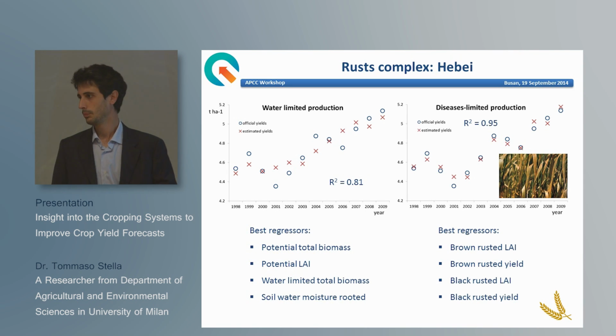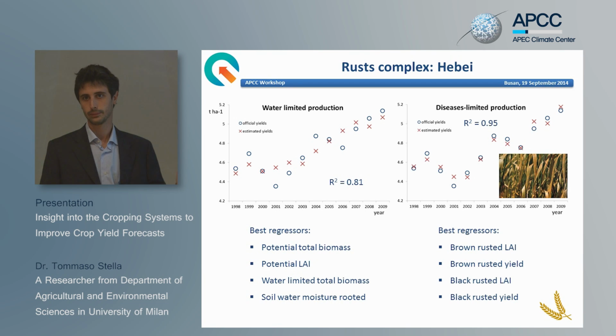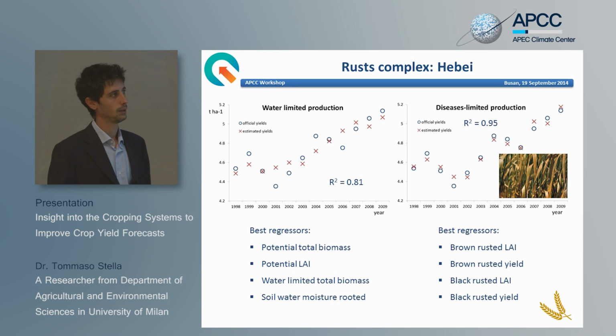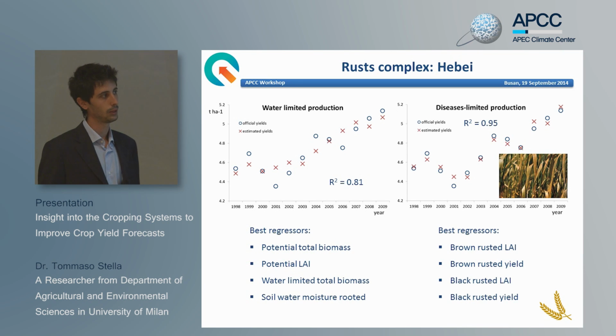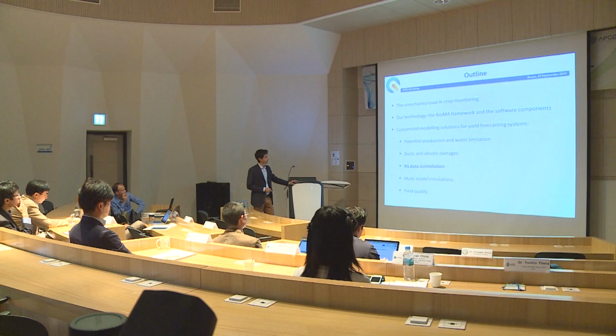And because it was an exploratory study, we didn't simulate the effect of overwintering or oversummering of the spores. And so maybe in those cases, if we simulated it, the yellow rust variables would have been the best regressor. I don't know. We should try.